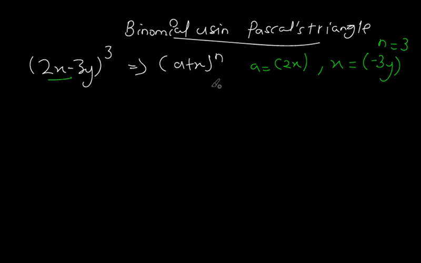Okay, now the Pascal's triangle with the power 3, if you copied what the pattern we derived earlier, you can see it follows what? 1 3 3 1. Okay, so this will be the coefficients of the Pascal's triangle. So from here we can just go ahead straight and solve using this.